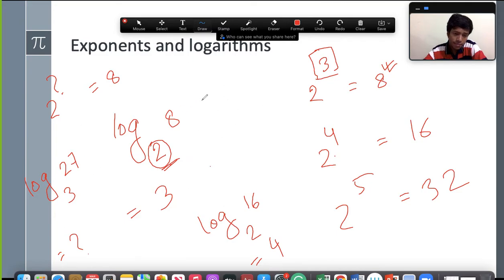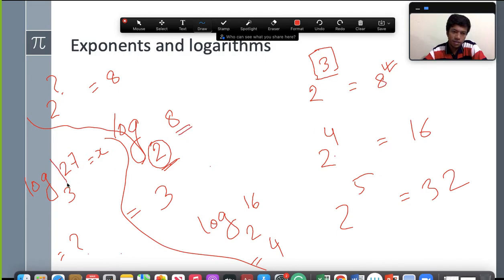Now, if we want to convert it to exponential form, how do we do it? Our base will remain the same, 3 to the power. Suppose we do not know what this equals, and call it x. For the conversion, we know that the answer, 27, goes here.